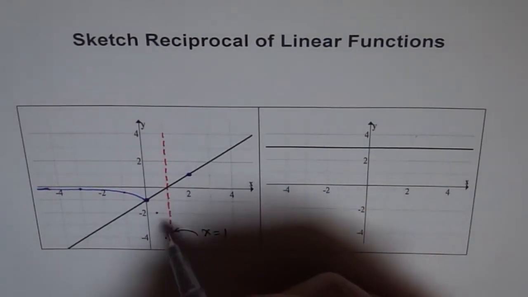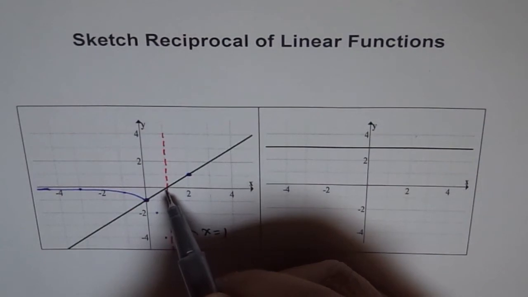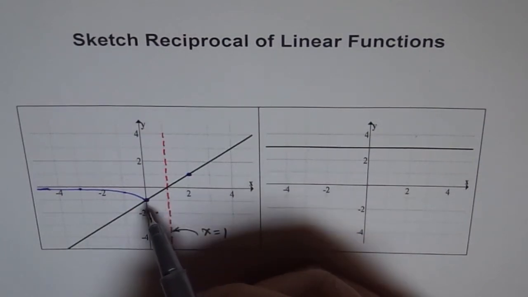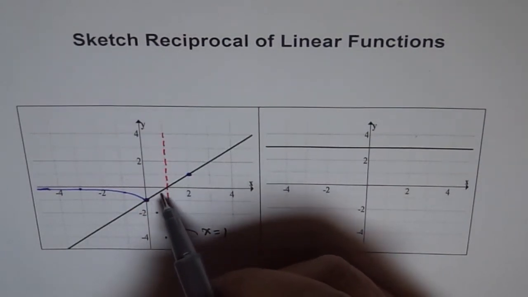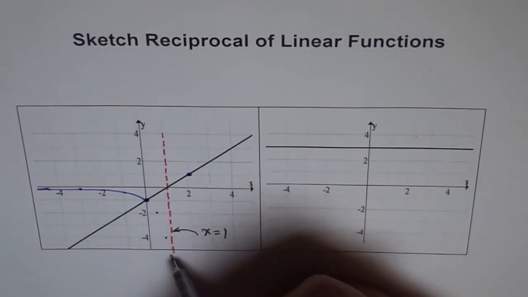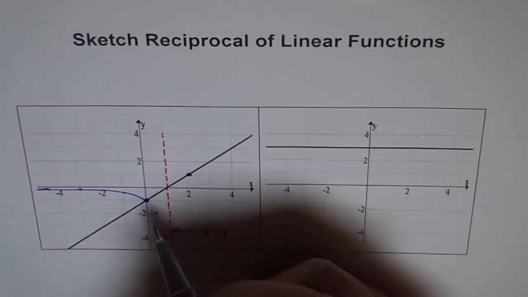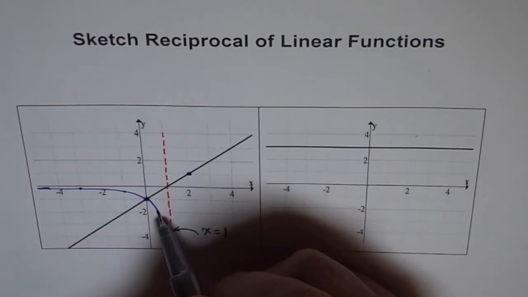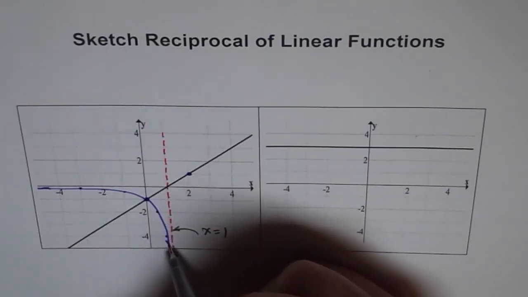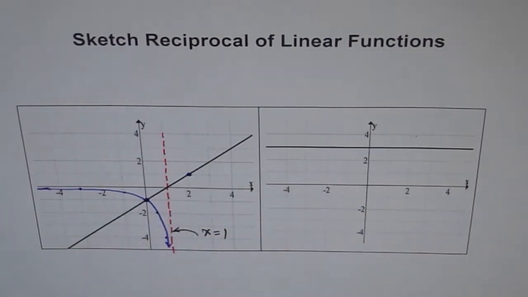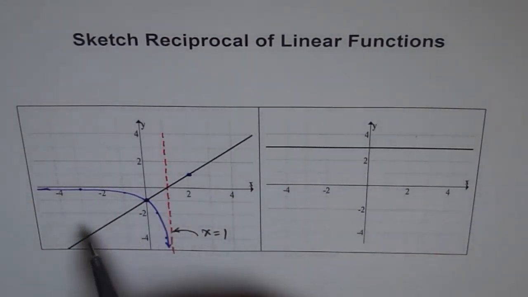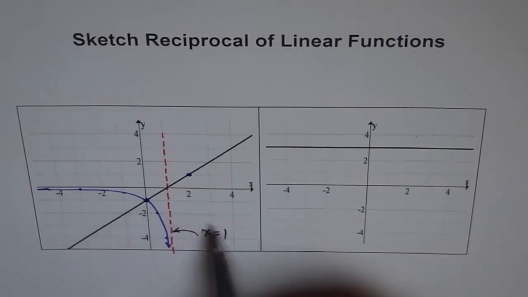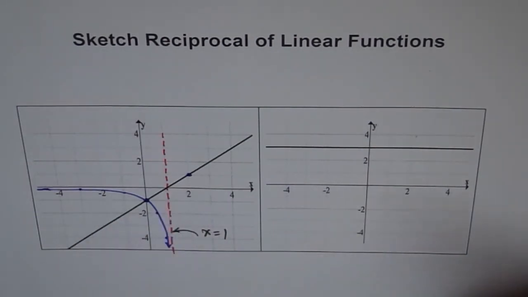So we can join this, and as we go closer and closer to our x-intercept from the negative side, reciprocal is going to be larger and larger towards negative infinity, right? So we can connect that and form this part of the function. It looks like 1 over x. It is and has to be 1 over x transformed 1 unit to right. That is what it is, right?